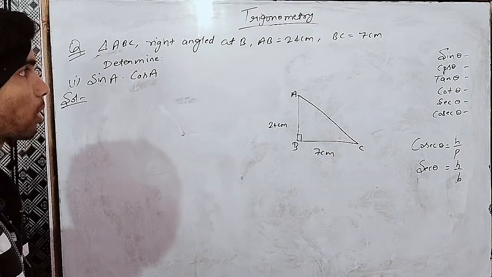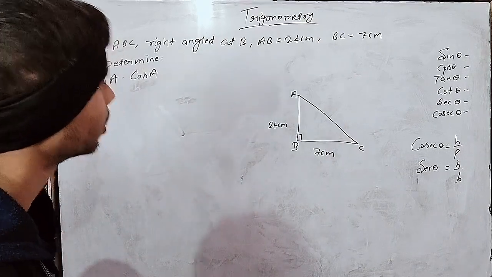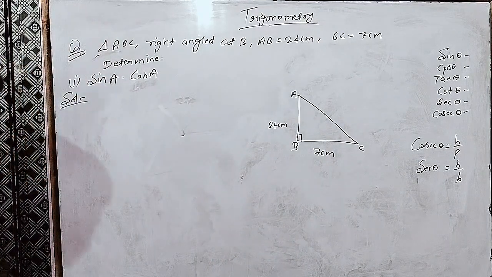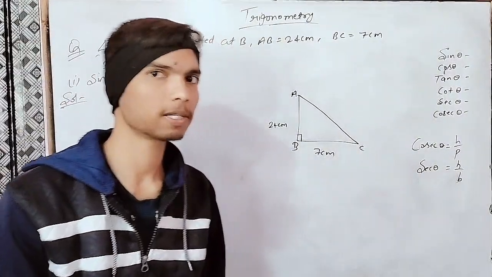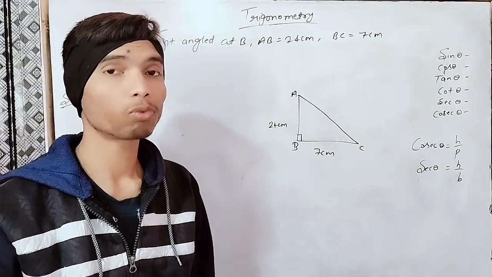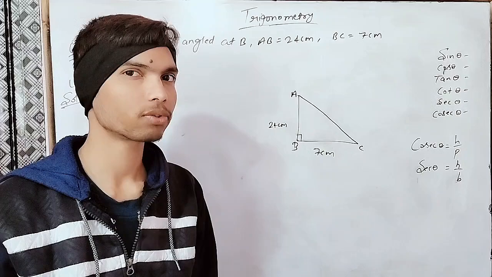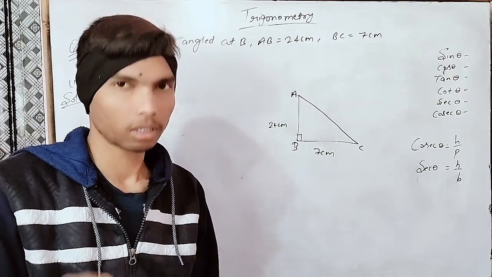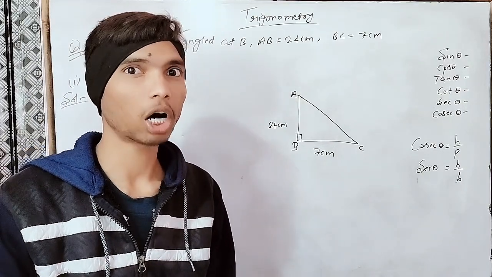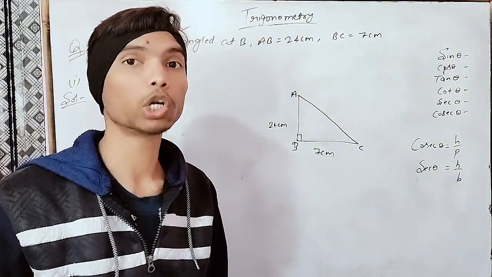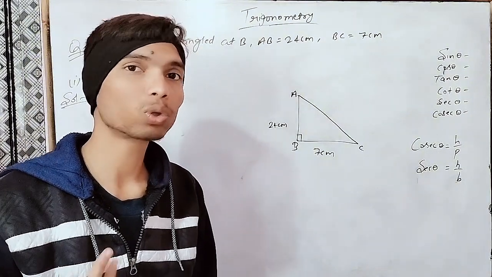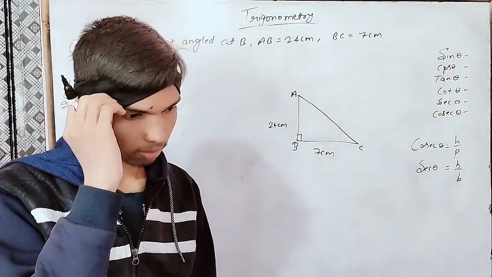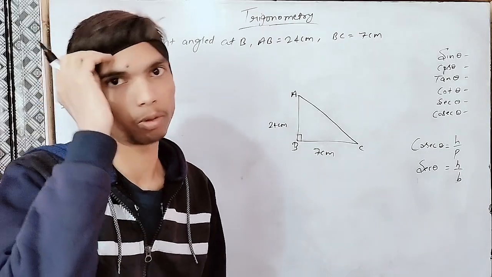So is it compulsory to find out the value of hypotenuse? How can we check that we need to find out the value of the hypotenuse?